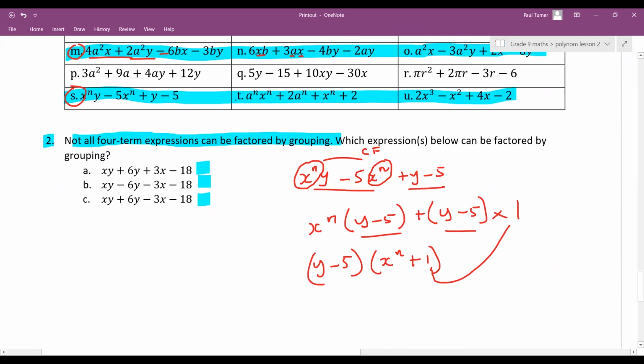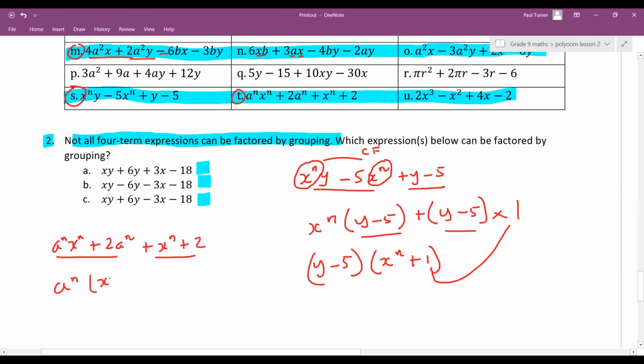So for T, I'll do T as well. We've got a minute. No time, actually. Let's write it quick. So an xn plus 2an plus xn plus 2. So quickly, your common factor is an.